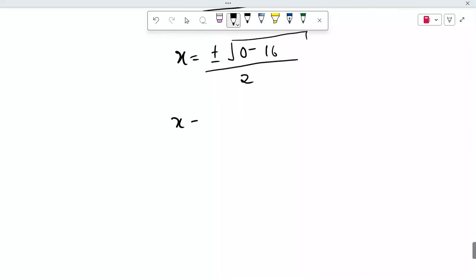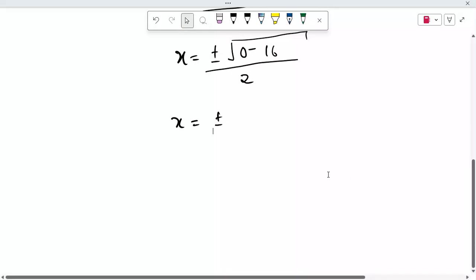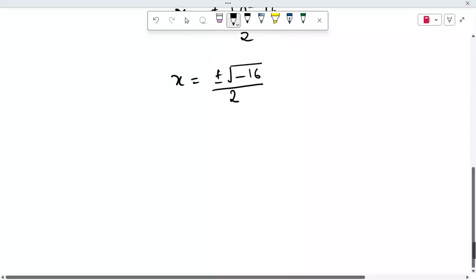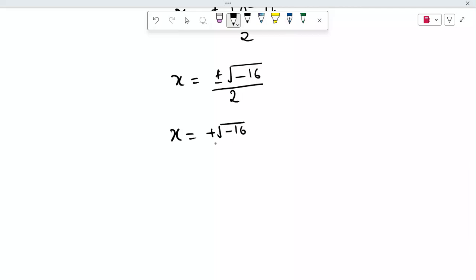So x equals plus or minus the square root of 0 minus 16, which is just -16, over 2. Great. When you reach here, we know x has two values: positive or negative square root of -16 over 2.